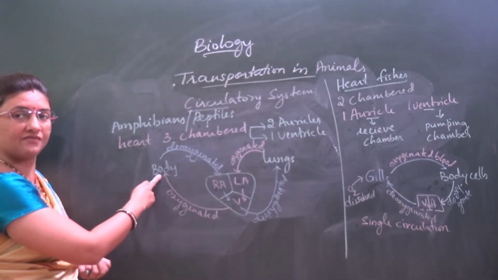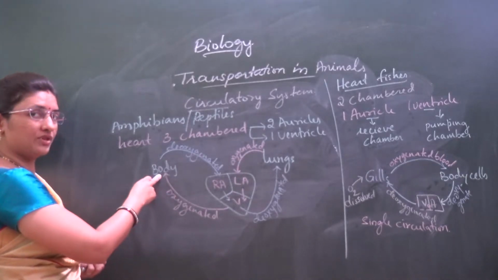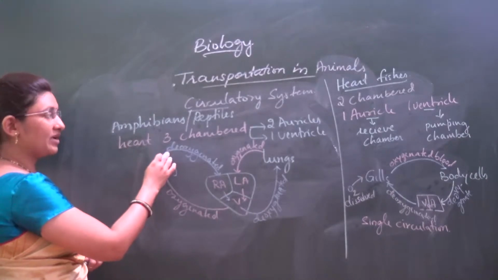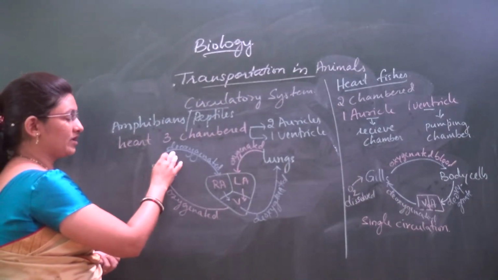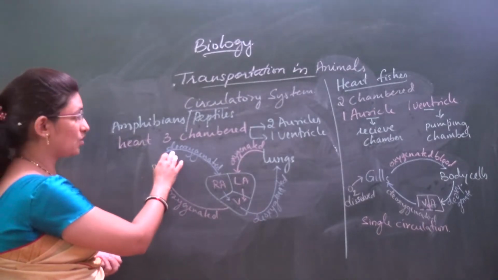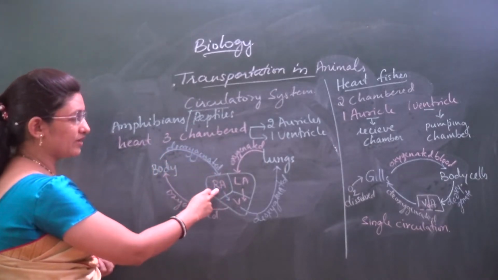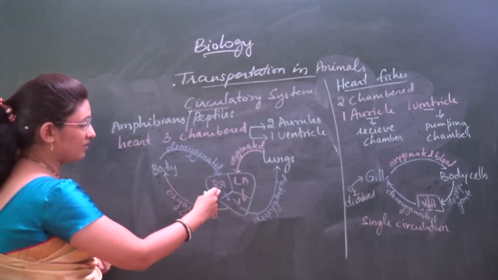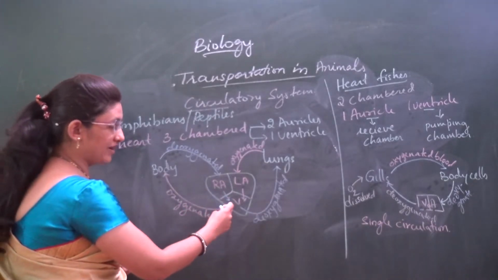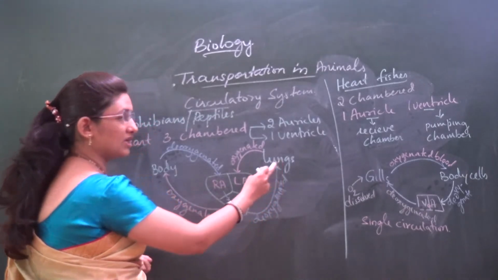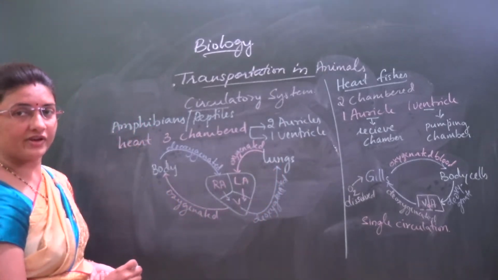Carbon dioxide as the waste is removed into the blood, which is now rich in carbon dioxide. It is called deoxygenated. This deoxygenated blood flows into the right auricle, then moves into the ventricle, and from the ventricle, the deoxygenated blood is taken to the lungs for the exchange of gases.